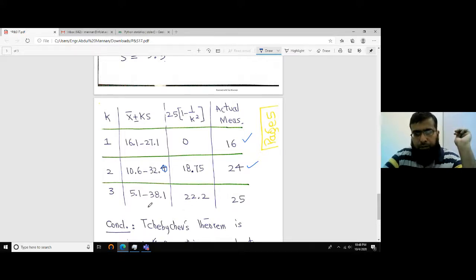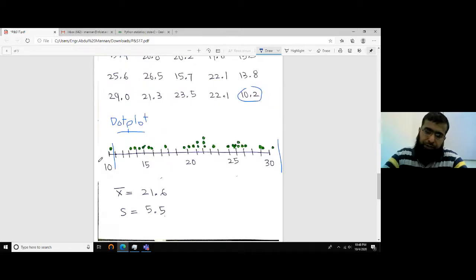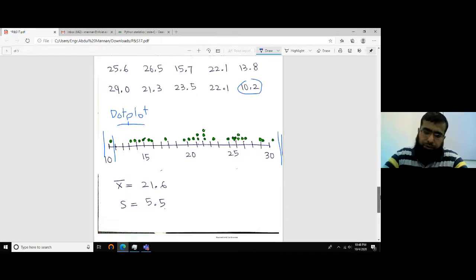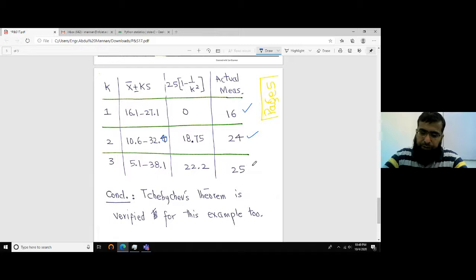In this range, putting k equal to 3 in this equation, we should have at least 22.2, so 22 measurements, but we actually have all 25 in this range. So Chebychev's theorem is verified even for k equal to 3, and it will be verified for all higher values of k too.